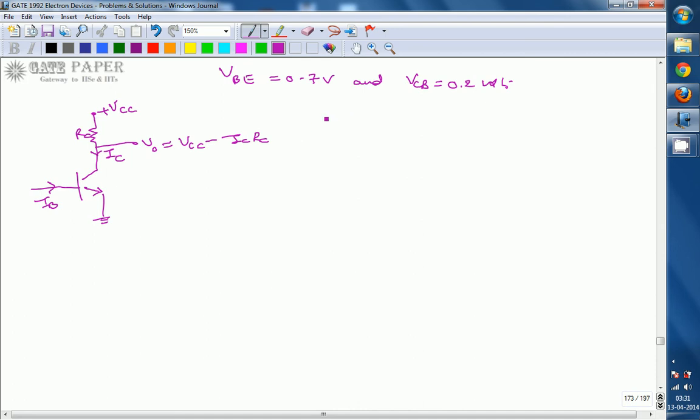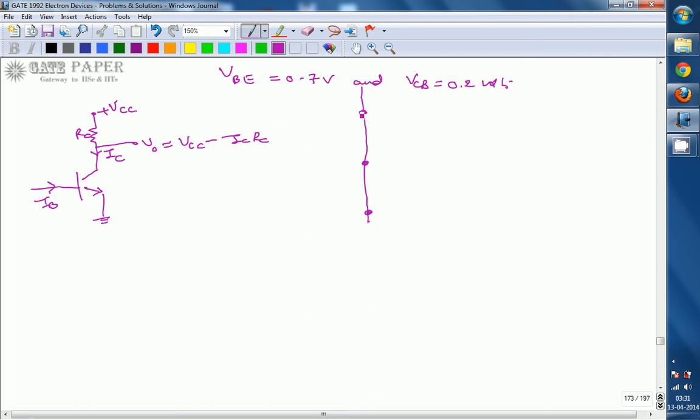For example, case 1. We will go in a manner like this. I am drawing a vertical line where I am going to indicate three parameters.